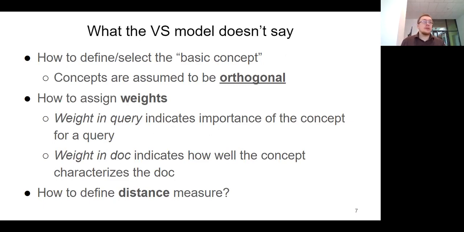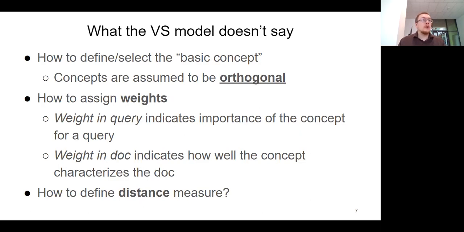So before we start choosing the metric, let's consider the following thing: the basic idea of a concept is not defined in the vector space model. So there are concepts, but we don't know which words should be used for concepts, how to define the concept, how to choose a concept, and there is no particular program or algorithm to extract them.